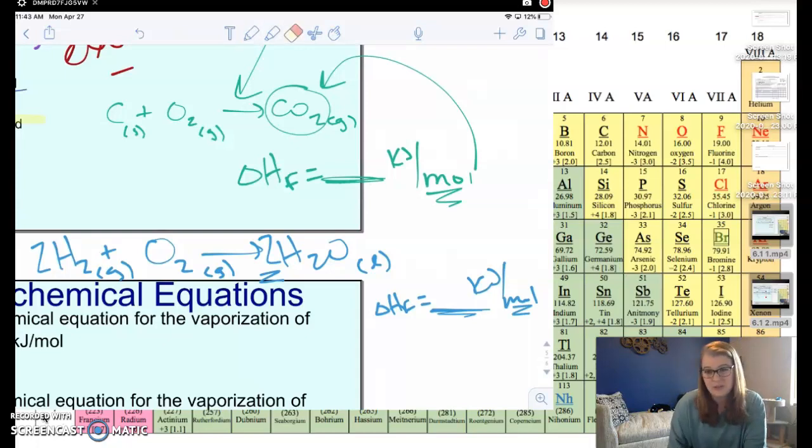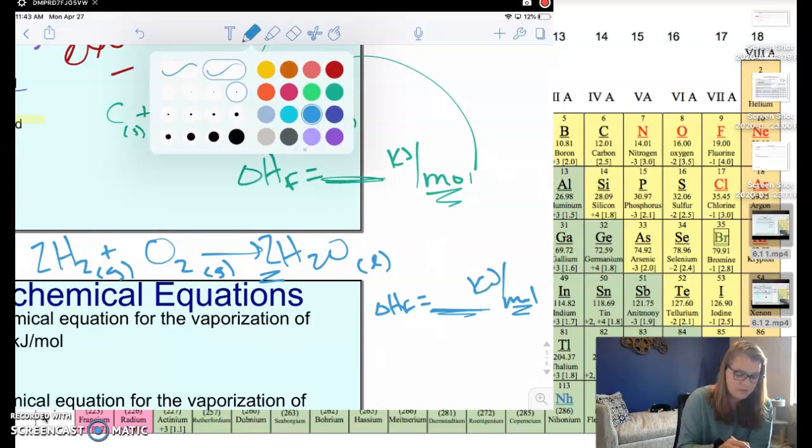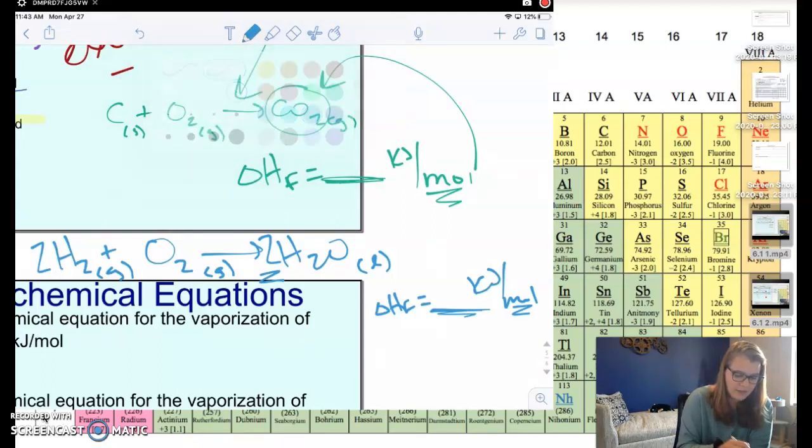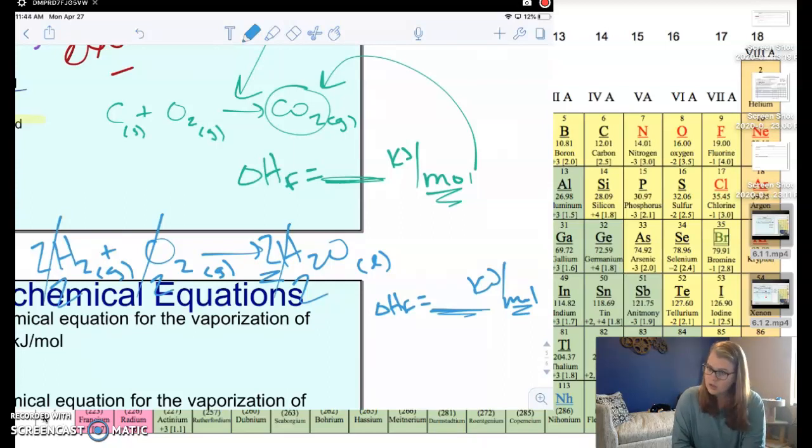We really only do this with thermochemical equations. If I only want to form 1 mole of water, basically I need to divide by 2, right? If I divide by 2 over here, then I get 1. So that means I have to divide by 2 over here, which means I need to divide by 2 over here. I only have 1 to begin with, so what's 1 divided by 2? Half.